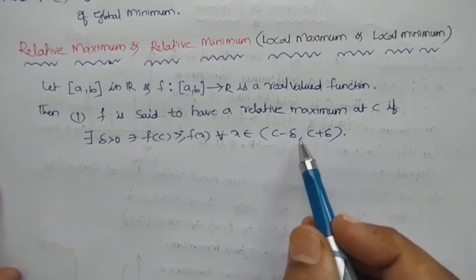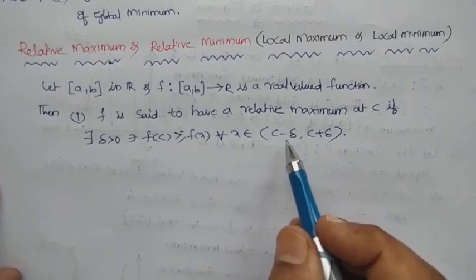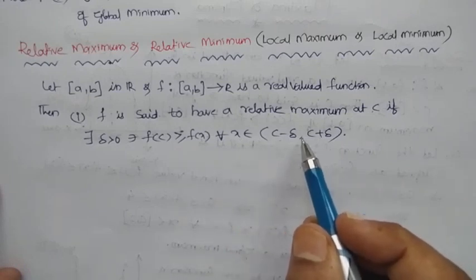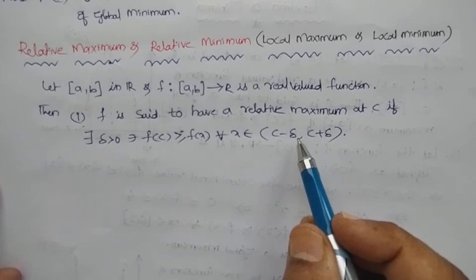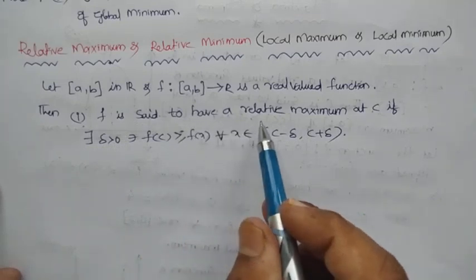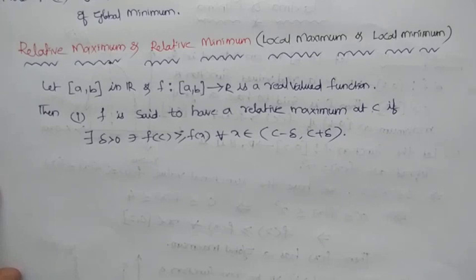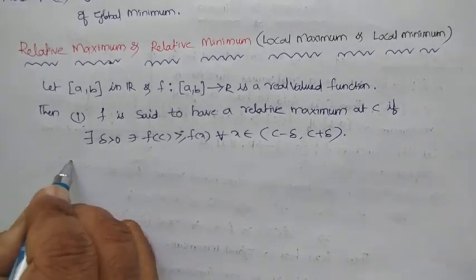So we pick the x values from the neighborhood of the point c. Then f is said to have a relative maximum. Are you following?